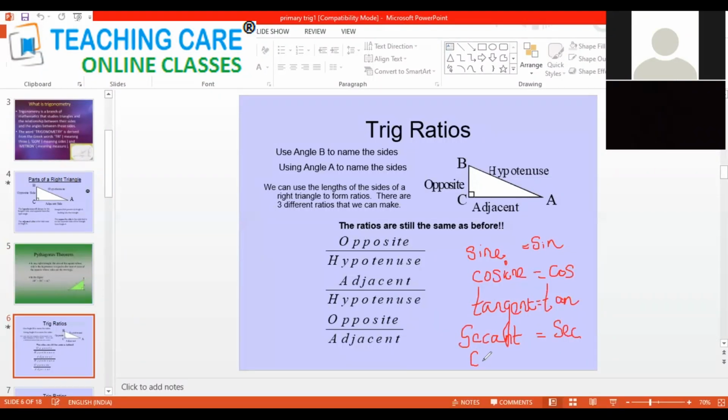Then you will have cotangent, which will be cot. Then you will have cosecant, that you will say as CSC. Okay, got it? Fine.